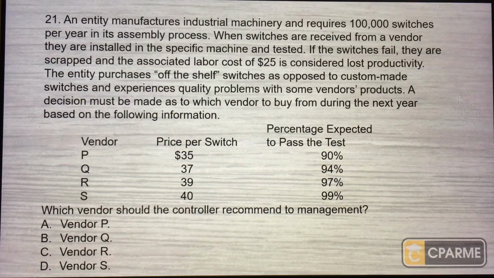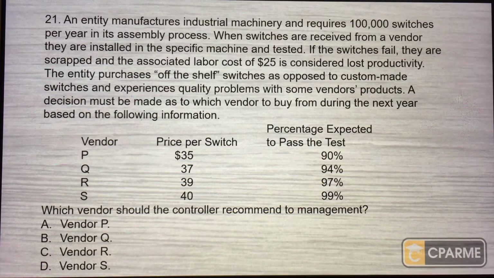For example, 100,000, then the percentage pass is 90. So he divides by 0.90 so that he could get the total number of switches purchased from vendor P, which is 111,111. Since the company needed only 100,000, the excess of 11,111 is the scrap that will be multiplied by 25.